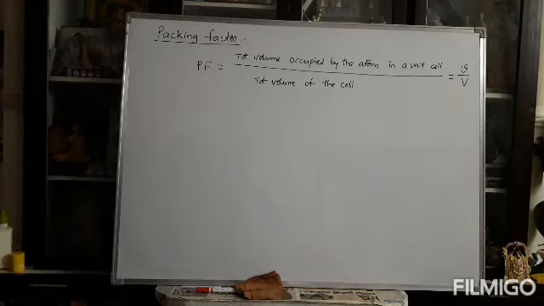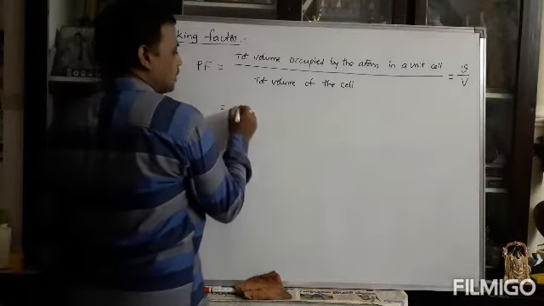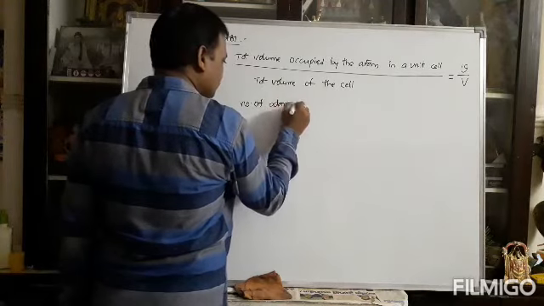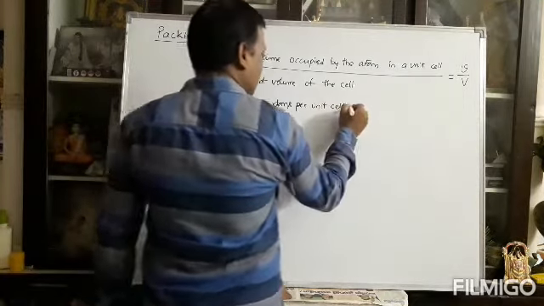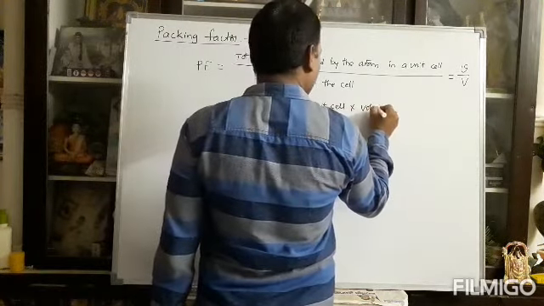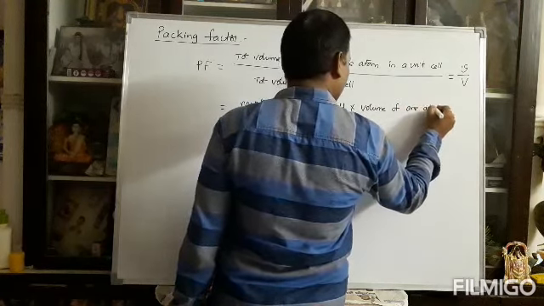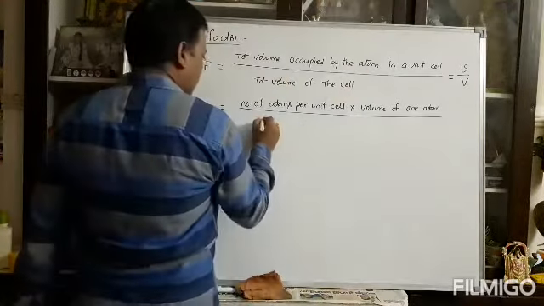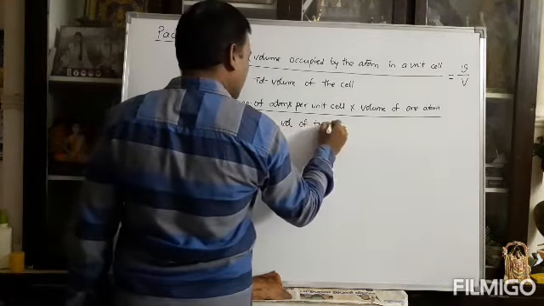This definition is also known as the number of atoms per unit cell times the volume of one atom, divided by the total volume of the unit cell.